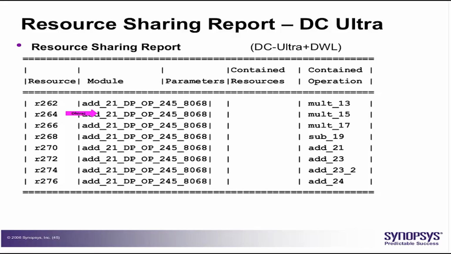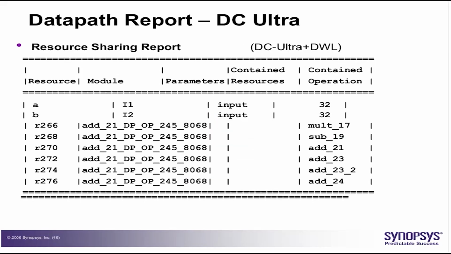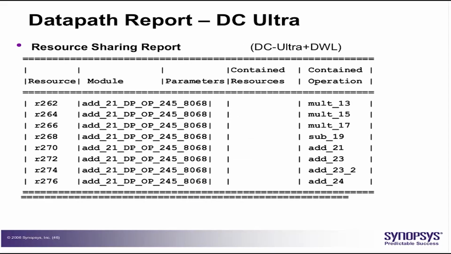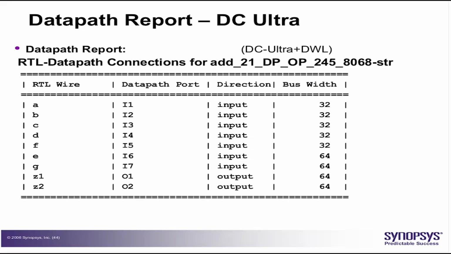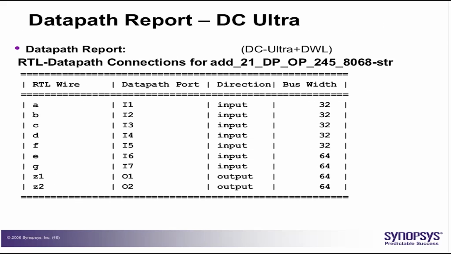Further, it also says that there are 7 inputs and 2 outputs, and it is also telling us the bus width. Let's go back to the RTL again. There are 7 inputs, A, B, C, D, E, F, G, and there are 2 outputs. So this particular module now corresponds to the data path.